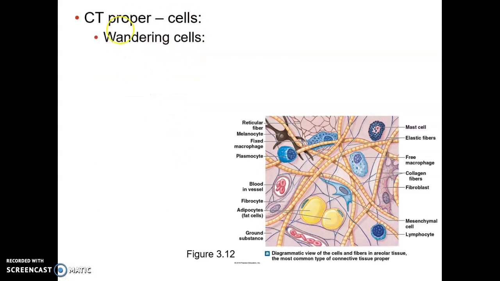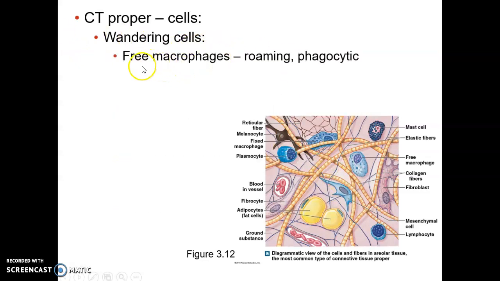There's also wandering cells, cells that move into and out of connective tissue. These are free macrophages that roam around. They're phagocytic, the same function as fixed macrophages, except these move into and out of the bloodstream, into and out of our connective tissue.